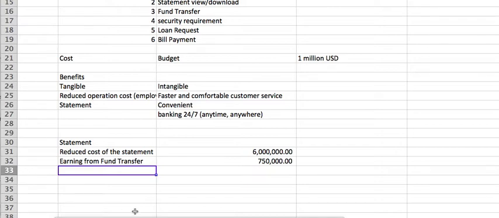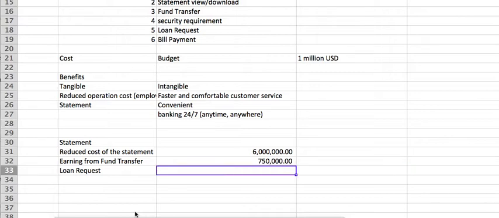Now next we are talking about loan requests. This is very significant. How many people will request a loan online? Yes, that we will calculate next. How many people will request a loan? 50%? Oh, that's a lot.